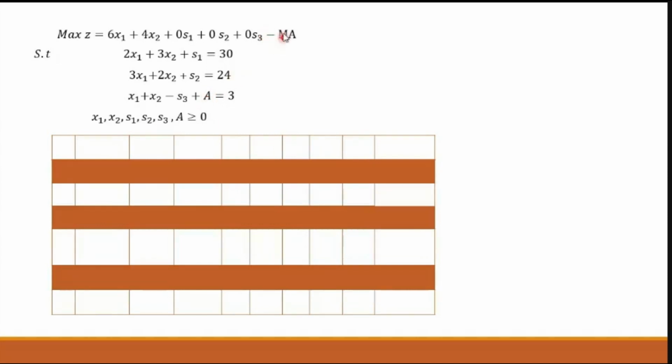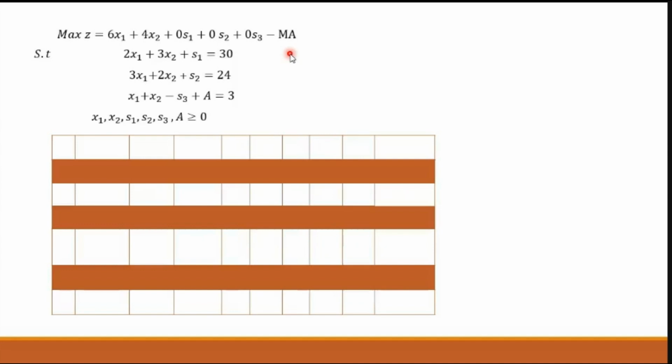Its cost is minus M. Actually, this minus M is for maximization and plus M is for minimization. But I'm not going to keep the function as minimization because we will have the same procedure. We'll convert all minimization problems to maximization problems.